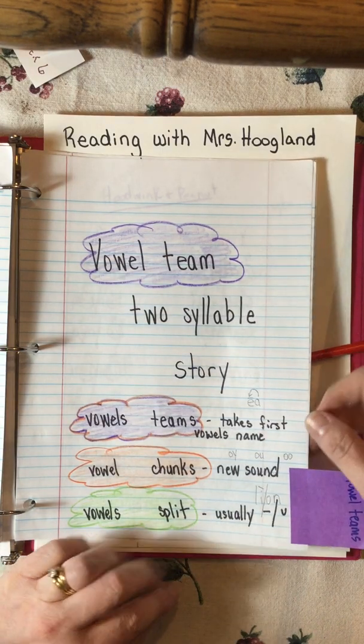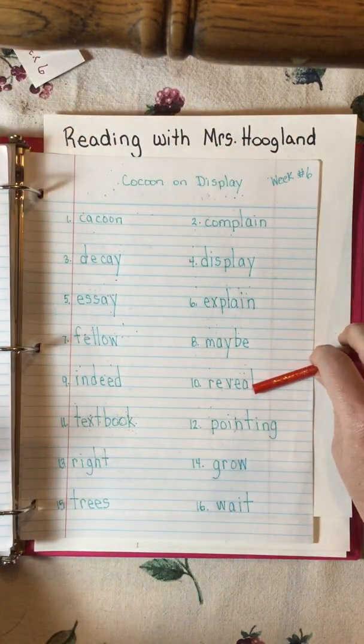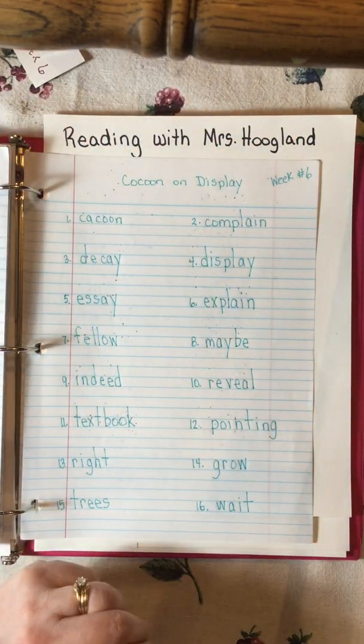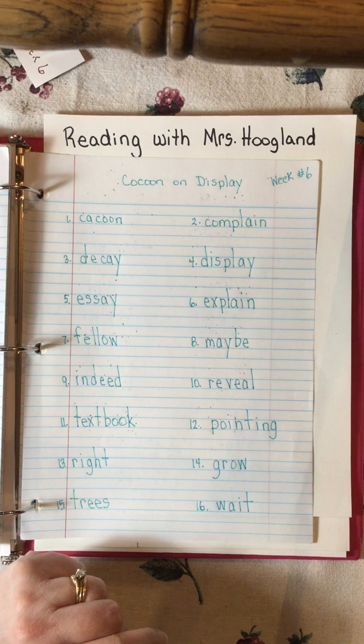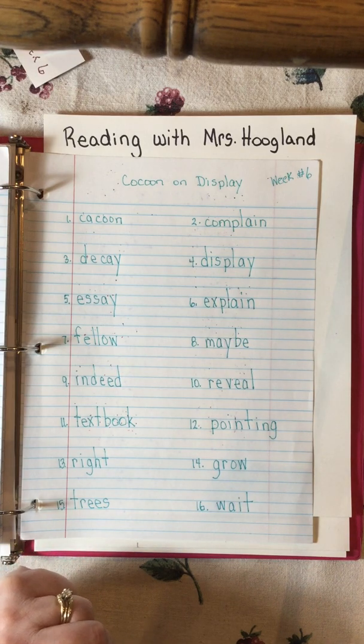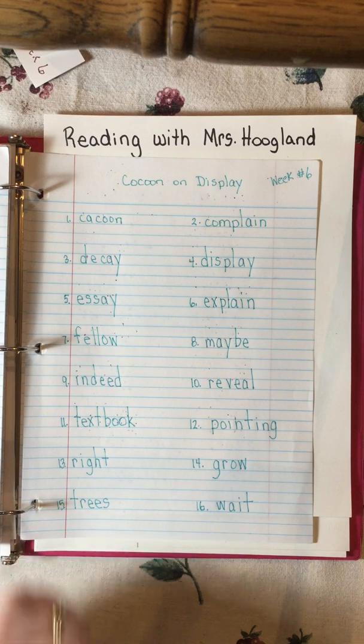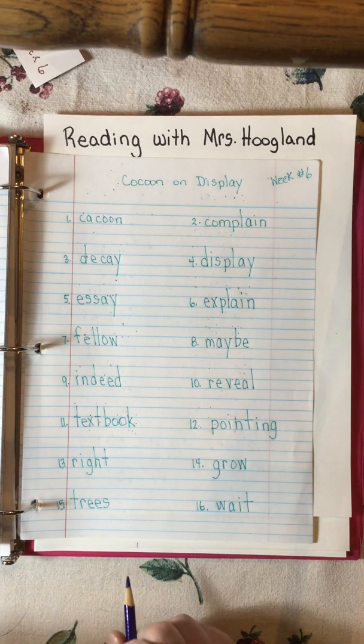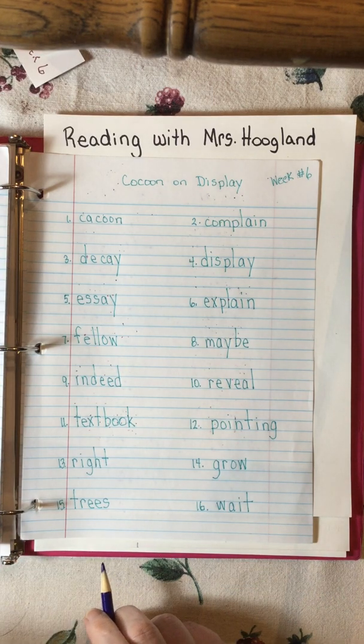The story we're going to move on to today is called Cocoon on Display. Again, we are going to be looking for vowel teams and vowel chunks to make new sounds. There are different ways that we do that. Let's look at the very first word.